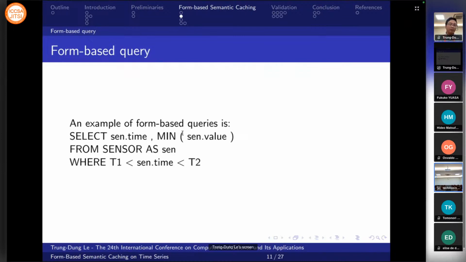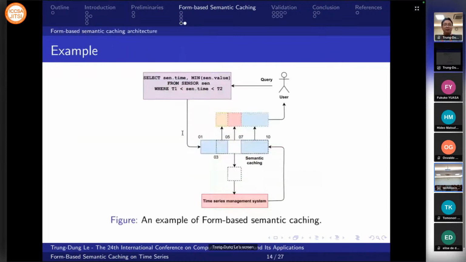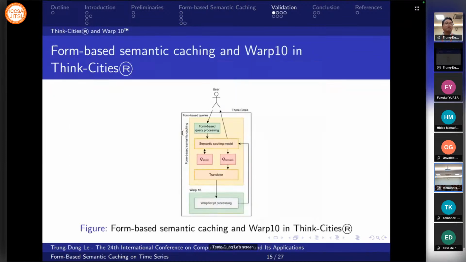This is an example of the form-based query. Like a select, it is a form of SQL query. After that, we translate it to the language of the time series management system, like Web10. The script in Web10 is very different from the SQL query.